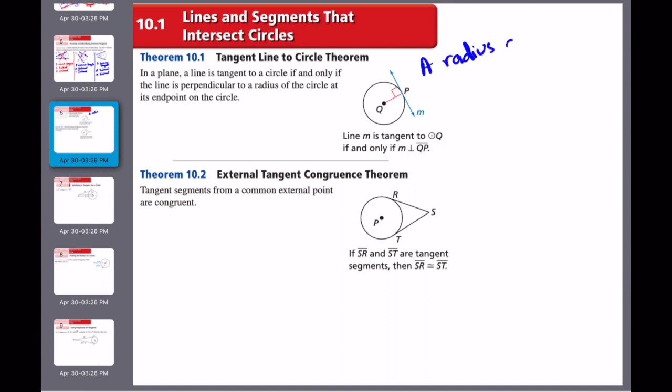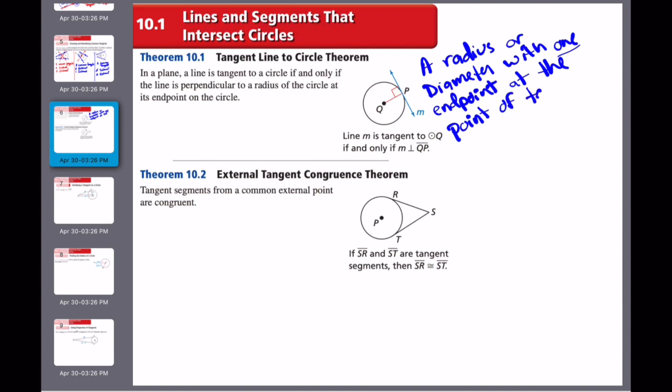A radius or diameter with one endpoint at the point of tangency forms a right angle with the tangent line.